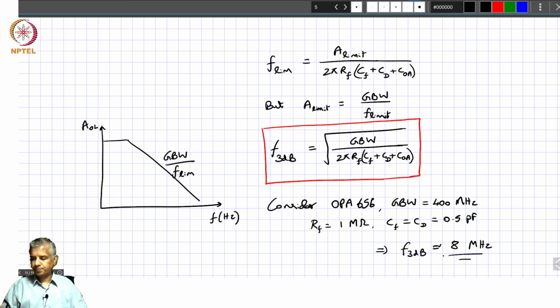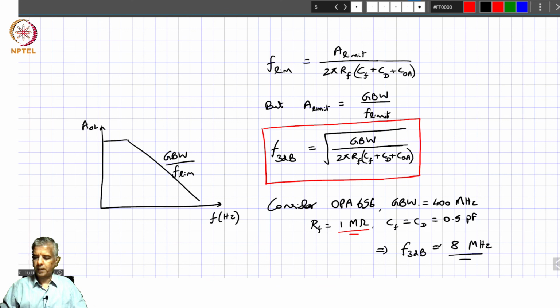Okay, so what does that tell you? If you want to actually achieve this 1 megohm transimpedance gain, your frequency response is going to be limited to 8 megahertz. If you want to have a higher frequency response, so for example, if you are using a distributed sensor where you need, say, a frequency response of 50 megahertz or maybe even 100 megahertz, what you're going to have to do is drop this value, right?